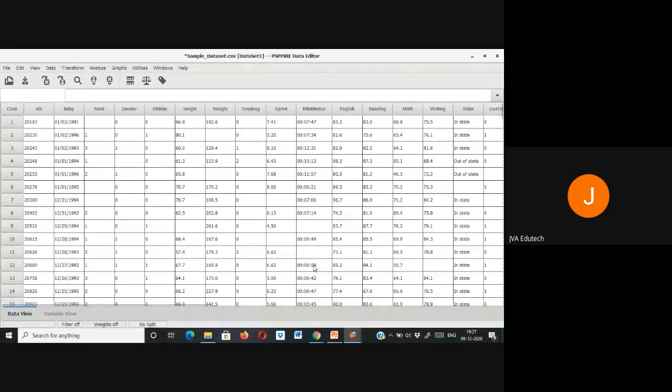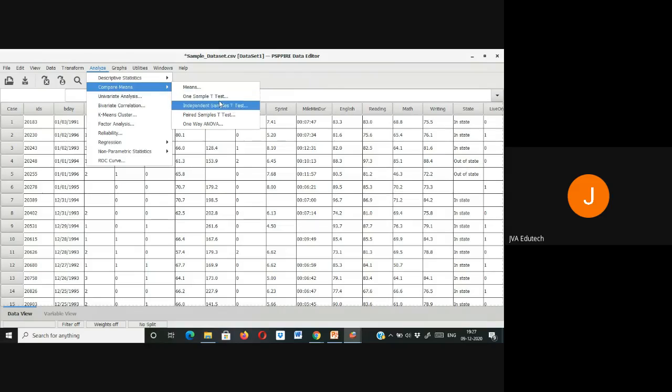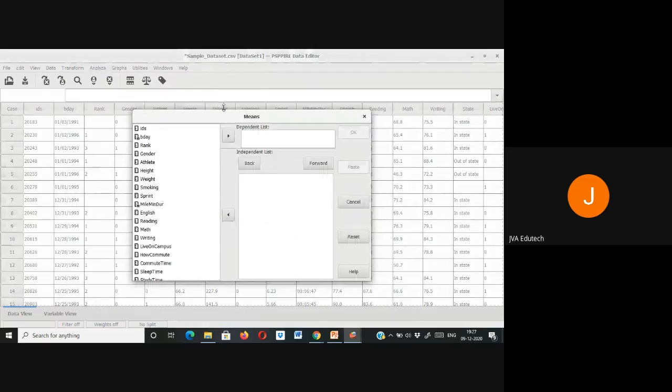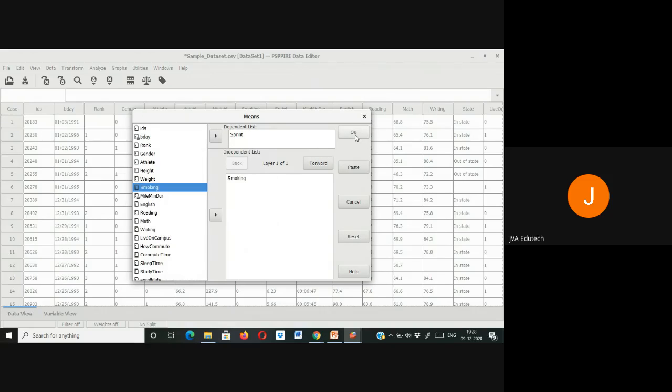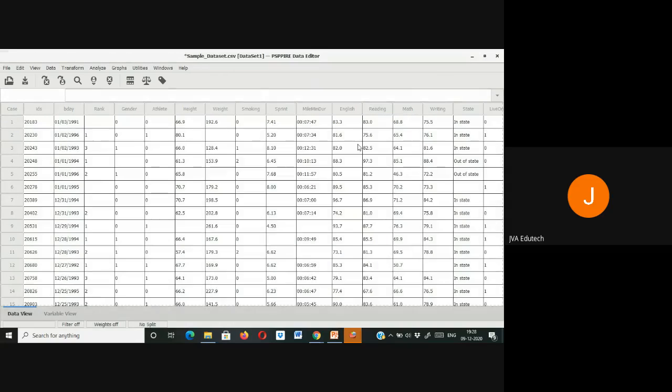Now the second step: go to Analyze, Compare Means, Means. Again, take the dependent list as sprint and the independent list as smoking. Click on OK.